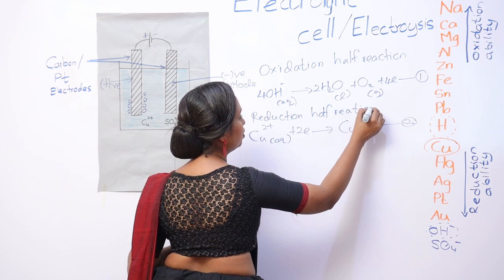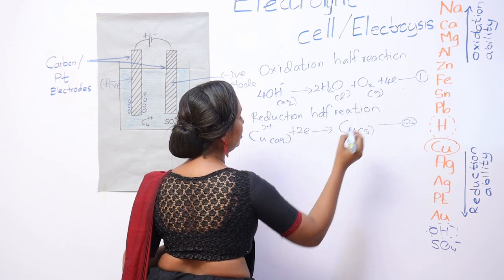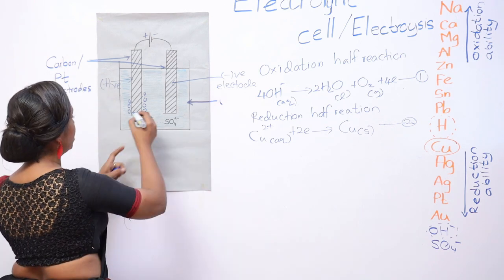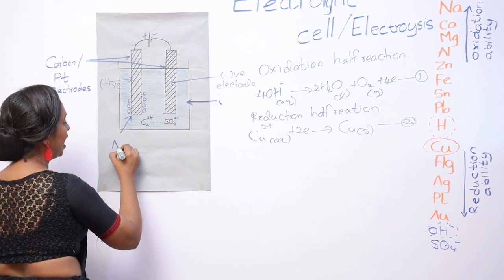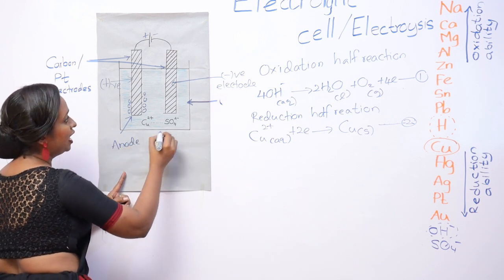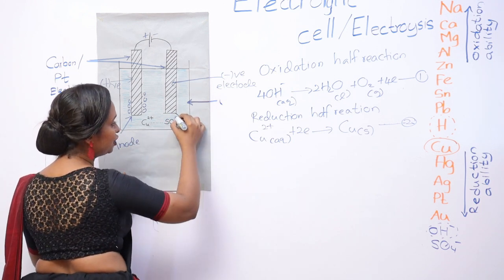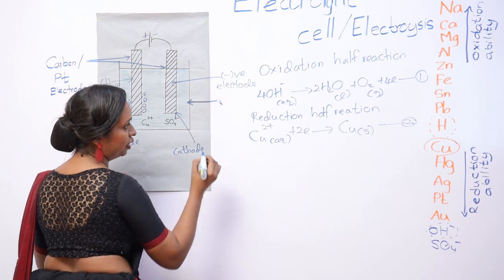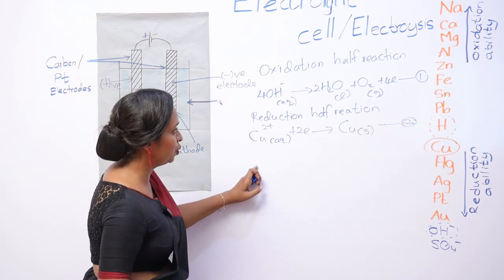Now I want to remind you another thing. Oxidation සිද්ධ වෙන තැනට අපි මොකක්ද කිව්වේ? This is the anode. O-E-I-O-U. This is the anode. Gaining electrons වෙන තැනට තව නමක් කියනවා. That is cathode. Right, these are the two equations.